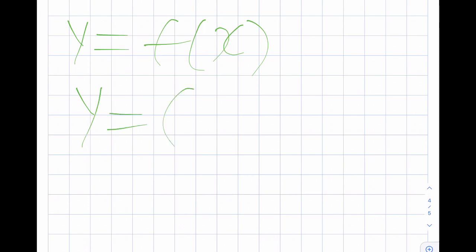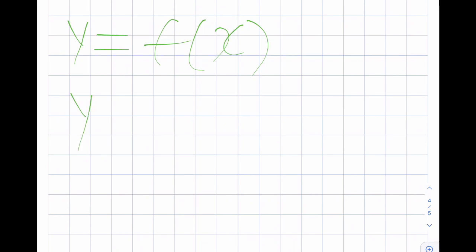Alright guys, to sum it up, when we have the function y equals f of x, if we want to horizontally stretch this function, we put a number like that. Say we want to horizontally stretch this function by a factor of 3. So we want to triple the value of the x points.